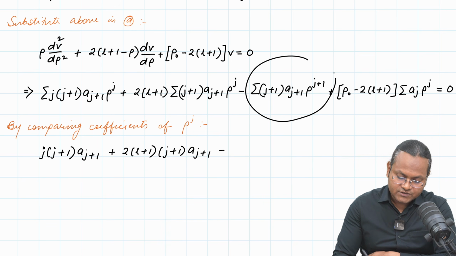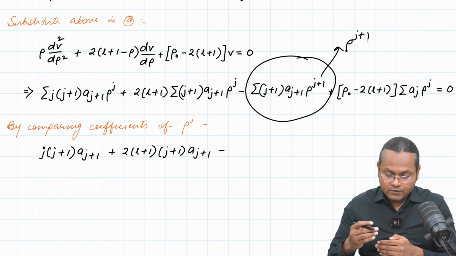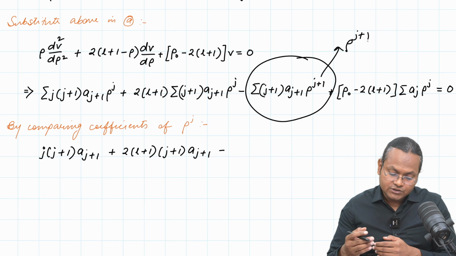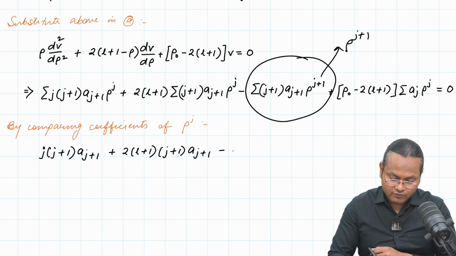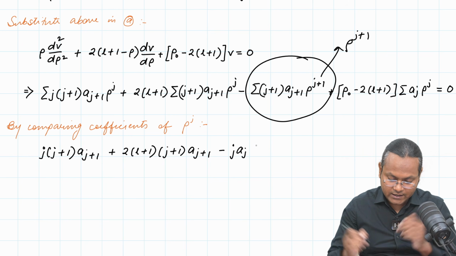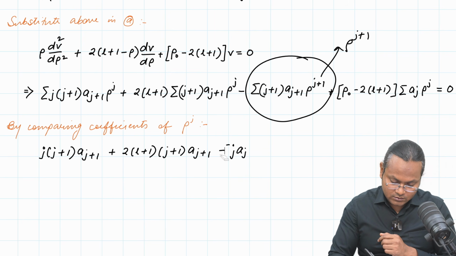Now here, of course, this is the series sum for the rho to the power j plus 1, right? I want to take a step back. So for the term rho to the power j, I will obtain it if I substitute j plus 1 with j. So therefore, I should get j a_j, and the summation here, right?